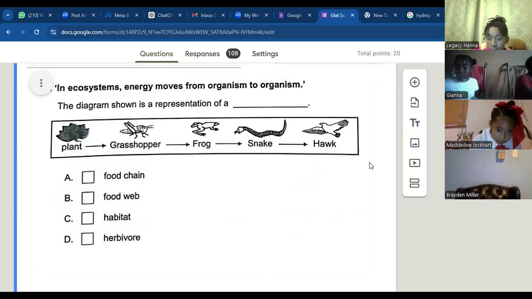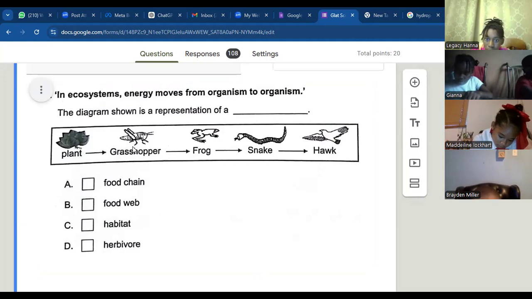Very good. The diagram shown is a representation of what? Is it a food chain, a food web, a habitat, or herbivore?